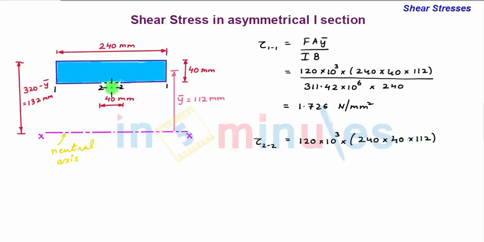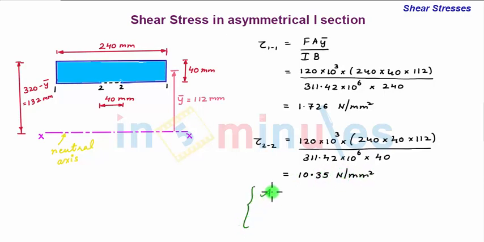Since the two layers 1-1 and 2-2 are at the same level, the first moment of the area above that layer, above the neutral axis, will be the same, upon I. Now the width of layer 2-2 is 40 mm, so we have 40. So upon solving, we get the value of shear stress at layer 2-2 as 10.35 Newton per mm square.